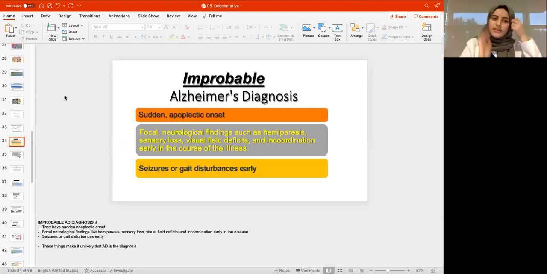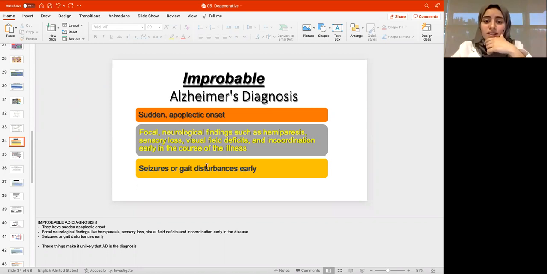One-sided weakness, and usually in AD you don't see one-sided weakness. It doesn't really affect motor neurons. So once you see hemiparesis, you know that he has more of a focal problem affecting the motor neurons. Same thing with sensory loss. If they suddenly can't see, or have a hearing problem, you know that there's a more focal problem or underlying cause.